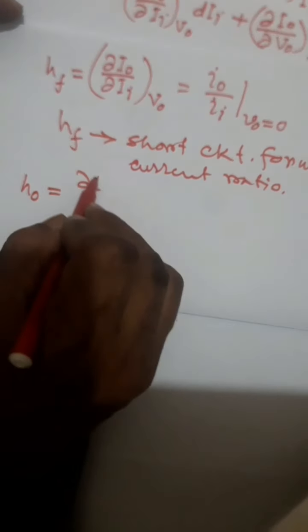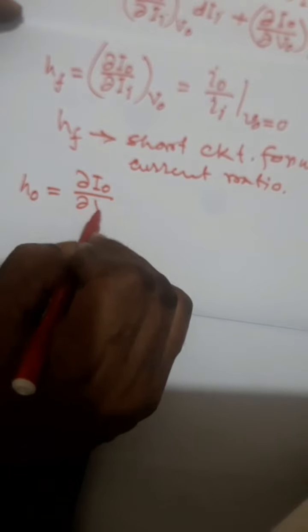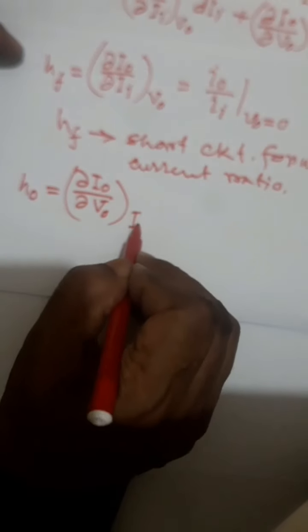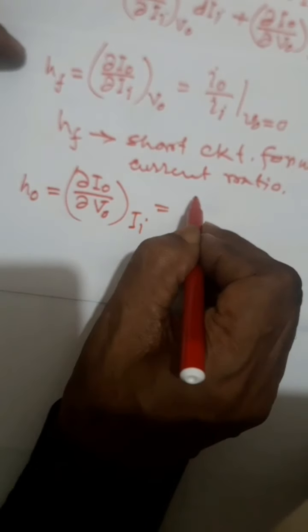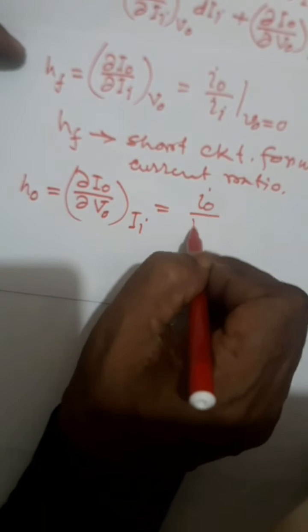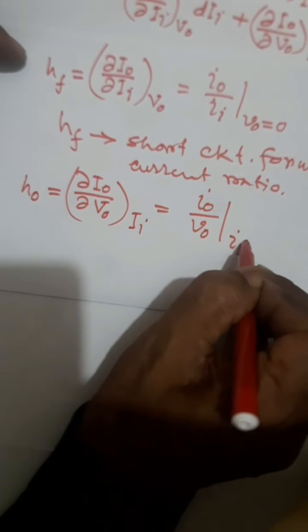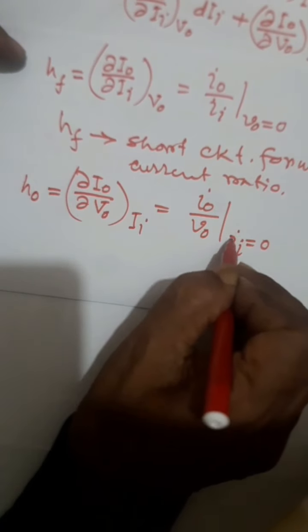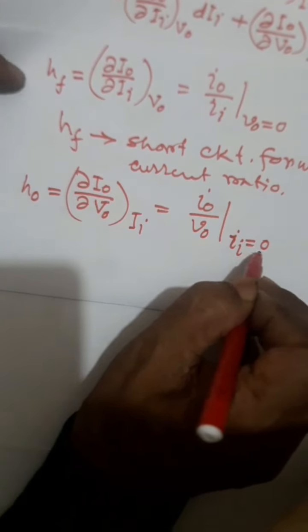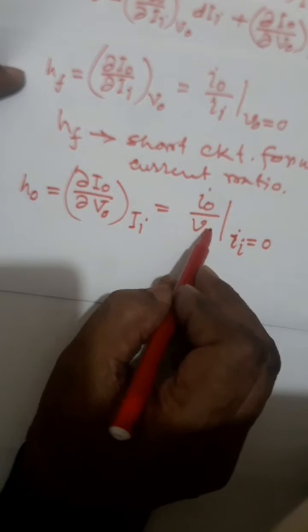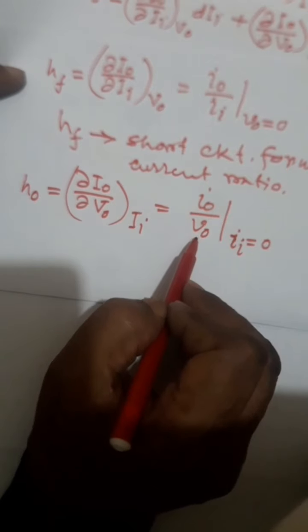Now Ho equal to del Io by del Vo at Ii constant, that is Io by Vo with Ii equal to 0. Input current 0, that is open circuit output admittance.